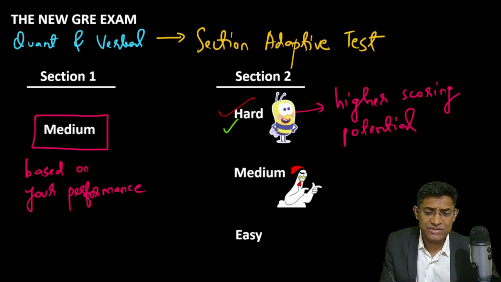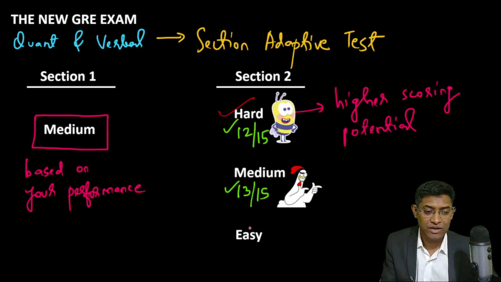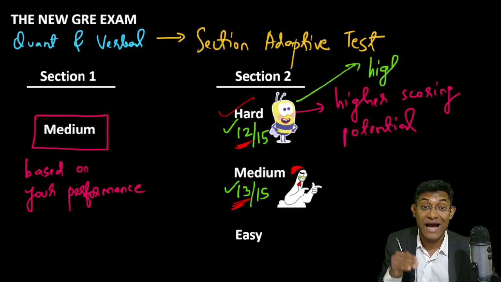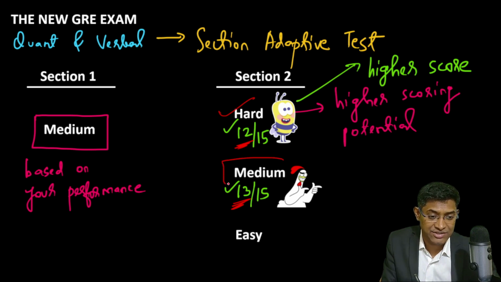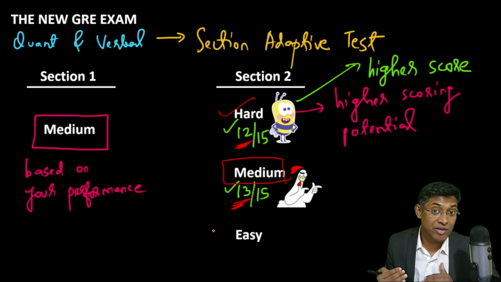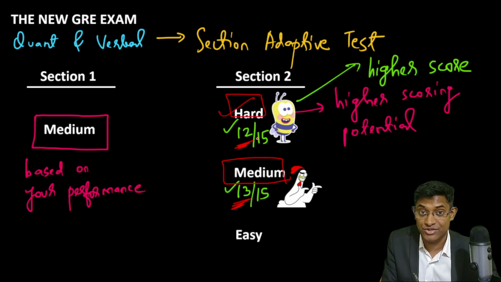Now let's say B was able to do 12 out of 15 questions correct in section 2, and Hen was able to do 13 out of 15 questions correct in section 2. Notice that Hen has done more questions right, so that's 13, and B has done only 12 questions right out of 15. But just because B had entered the hard test, the final score of B will be higher than the final score of Hen, right? So one right question in this section gives you a lower number of points than one correct answer in this section.